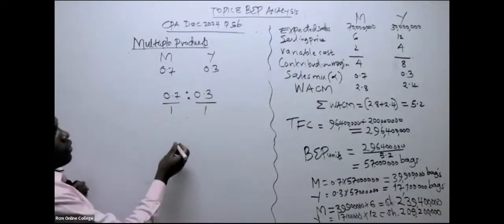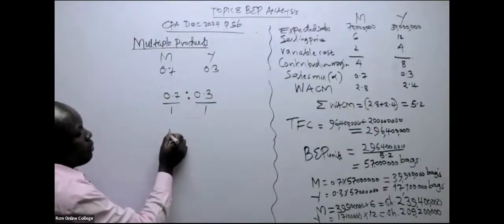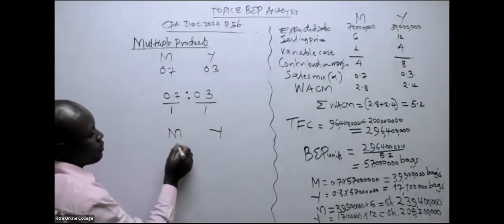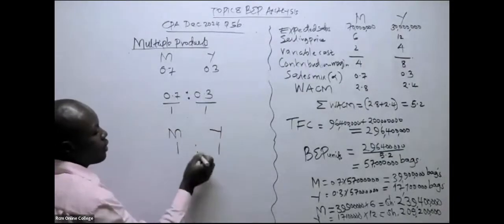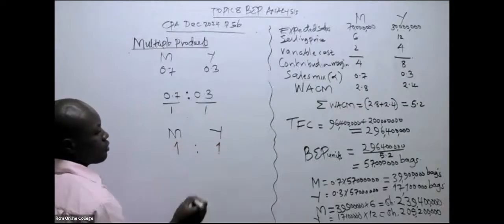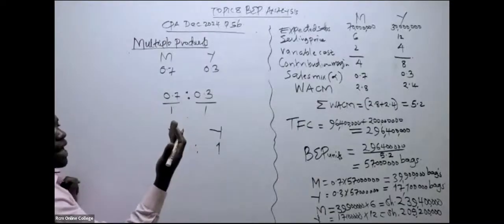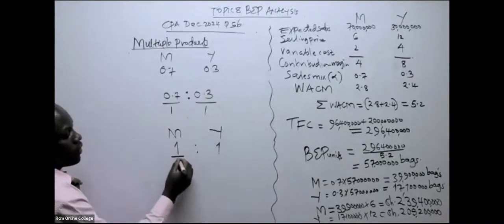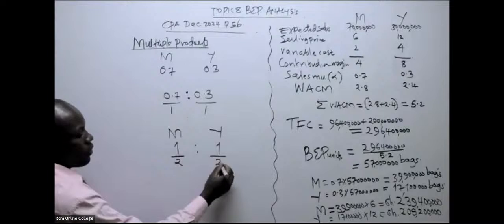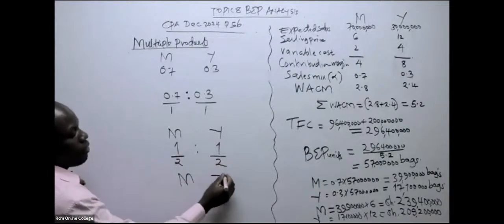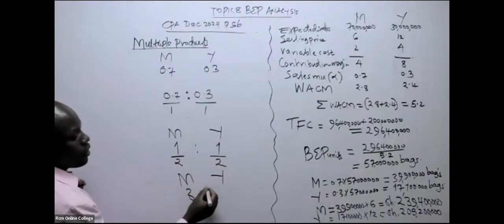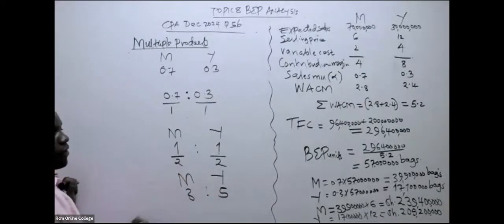What if I'm given now the ratio M to Y as 1 is to 1? What will be the proportion? Add the 2. When I add the 2, I will have 2. So it is 1 over 2, 1 over 2. What if M is to Y is given as 3 is to 5? Add these 2, it will give you 8.